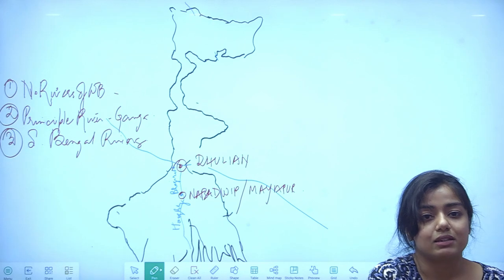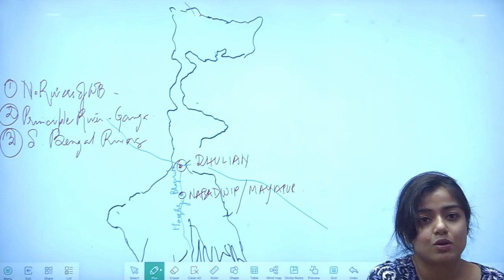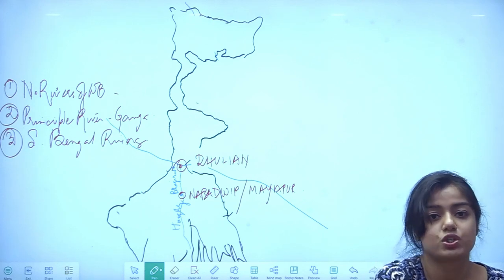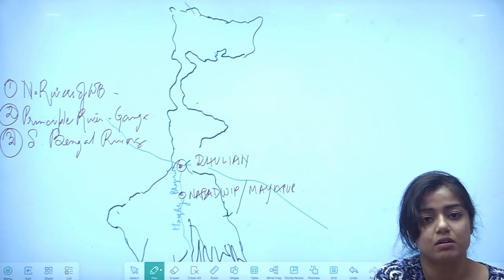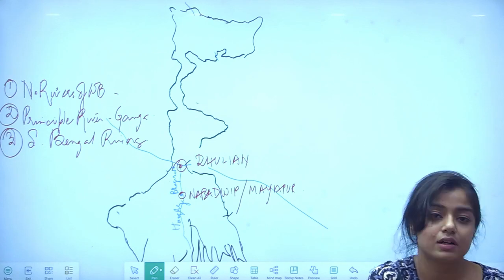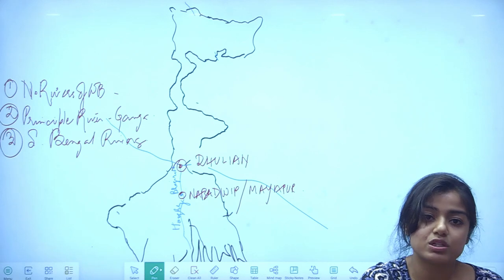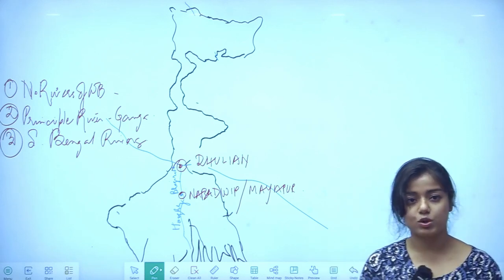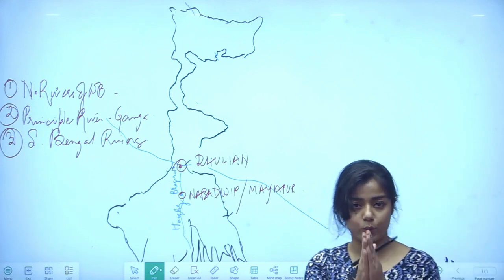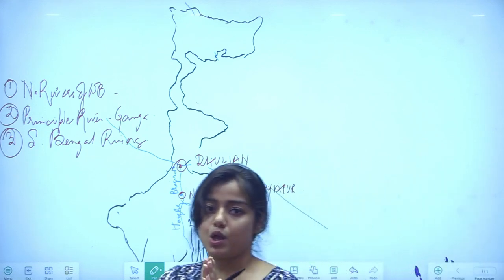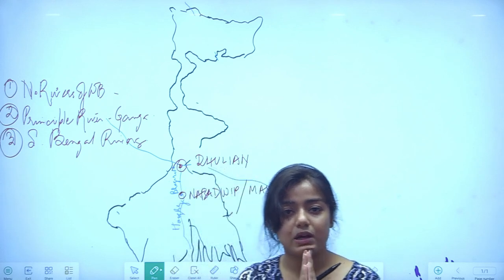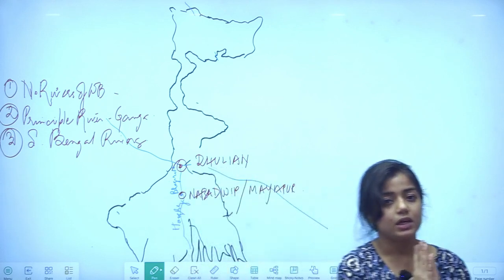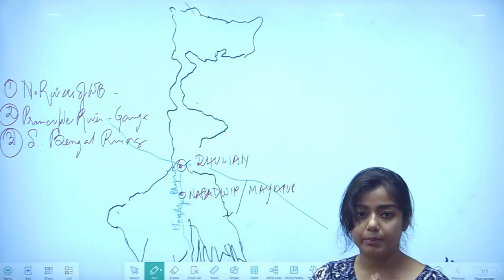It goes like Tista, Jaldhaka, Torsha, Kaljani, Raidak, Sankosh. Sankosh is the easternmost river of West Bengal, which forms a boundary between West Bengal and Assam. The sequence that I told you is something that you have to remember.